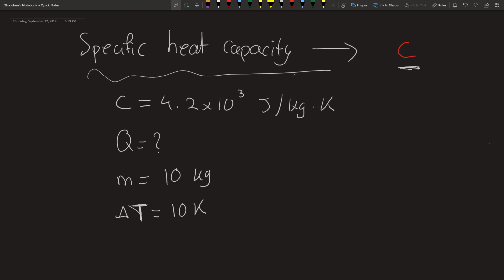So if per kilogram per Kelvin I need this many joules to raise the temperature of water, how many joules do I need in total to raise 10 kilograms by 10 Kelvin?